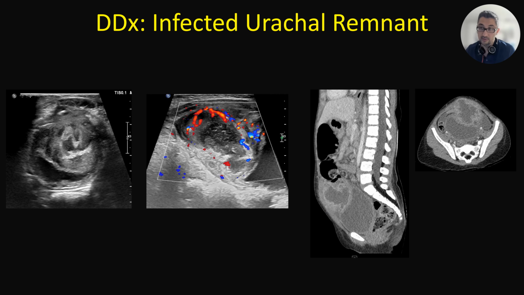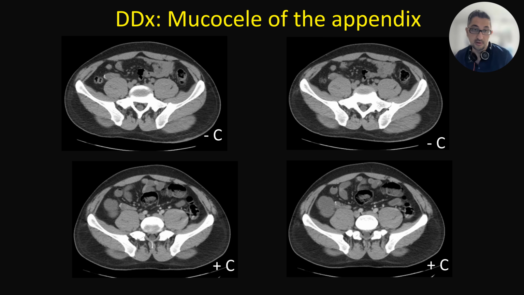And another diagnosis is mucocele. We rarely see it in children, especially in children with cystic fibrosis, and they usually do not present with clinical signs of appendicitis, but in 25% of the cases they may present with right lower quadrant pain and may be easily overcalled as appendicitis.